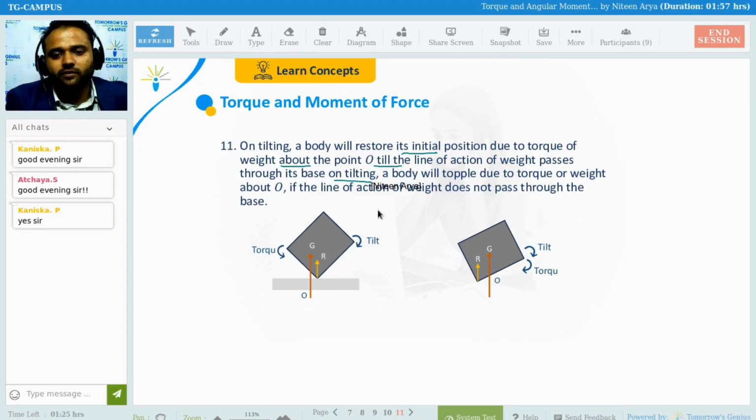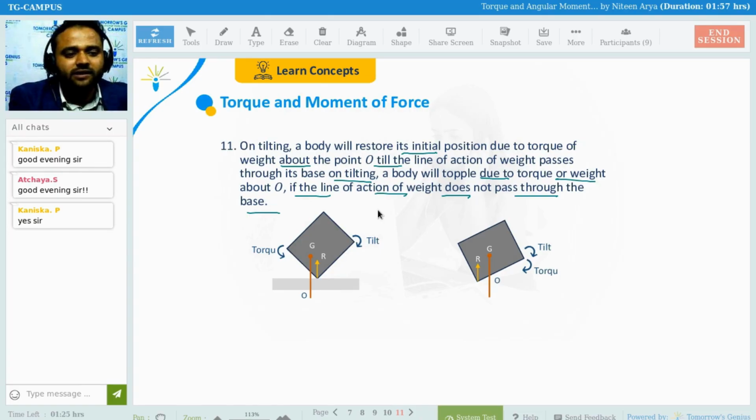On tilting, a body will topple due to the torque of weight about O if the line of action of weight does not pass through the base. What does it mean? Whenever we tilt, due to this tilt the body is going to rotate due to the weight of that particular body, or due to this particular torque around this particular axis.